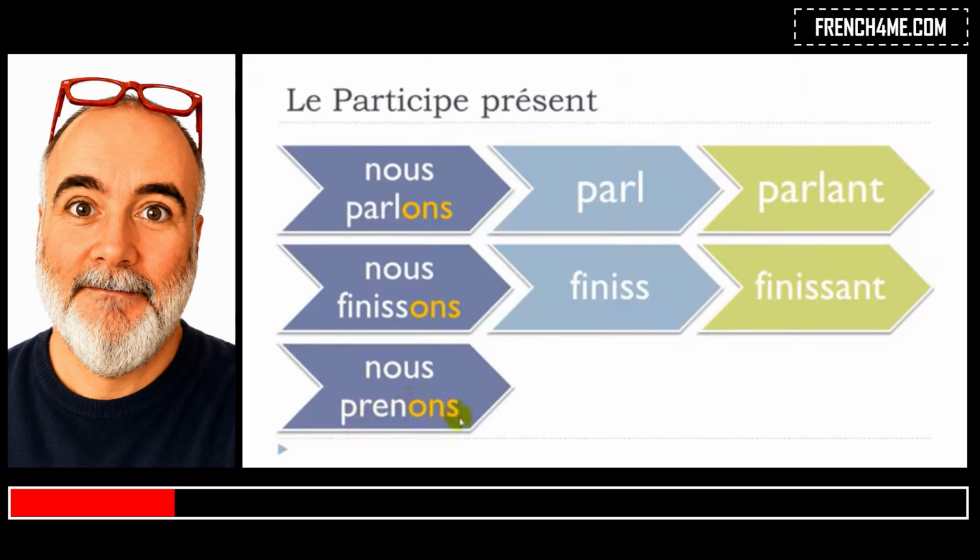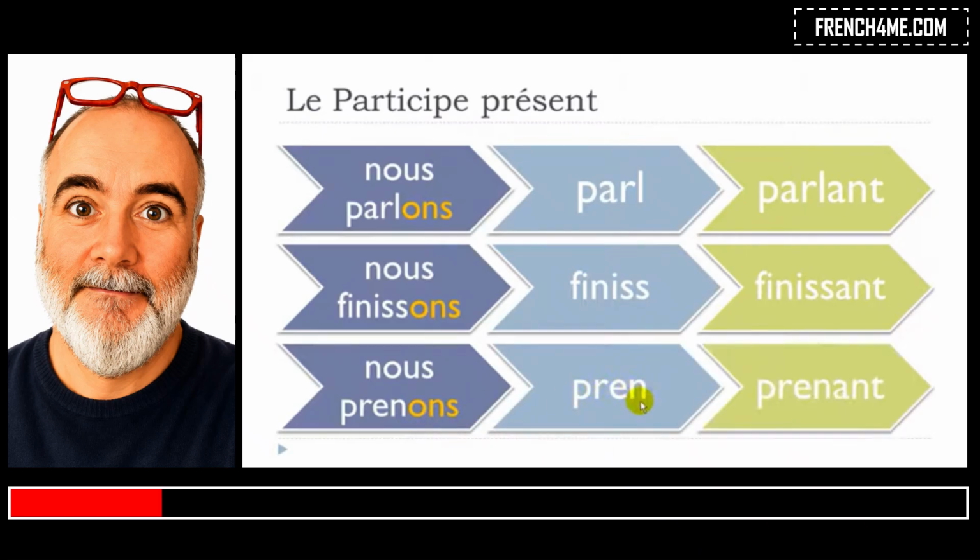So we spot this ONS, the ending, we take it away, and we get P-R-E-N, and after that we just add this A-N-T ending, and we get prenant. So it's actually quite easy to make, especially if you master the present tense well. Normally at this level you should. So nous parlons, you get parl, and participe présent, parlant. Nous finissons, finiss, and then you will get finissant. Then nous prenons, pren, prenant.